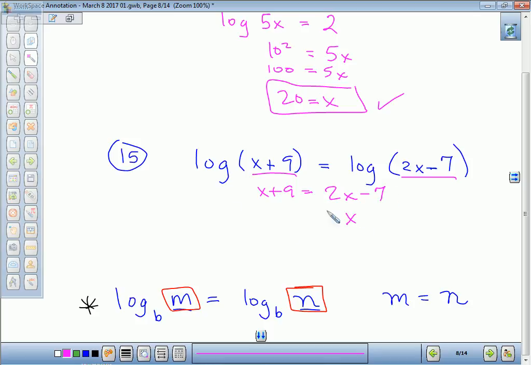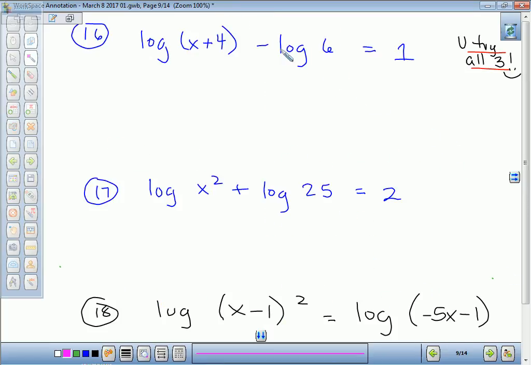X is over here, number's over there, 16. Now if I plug 16 here, do I get a positive number? Yes. And if I plug 16 there, do I get a positive number? Yes. So 16 is a viable solution.